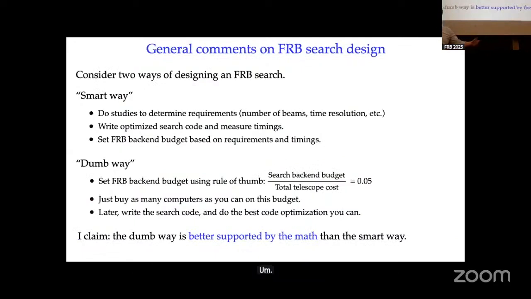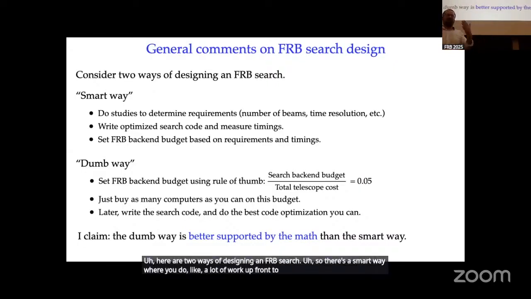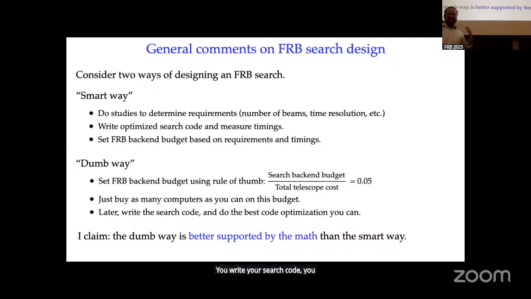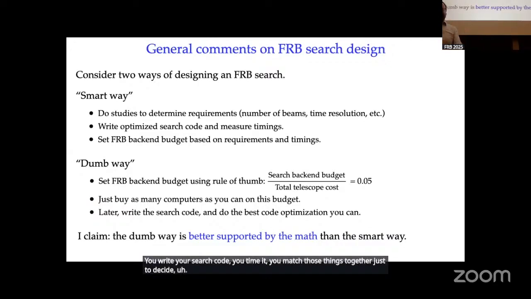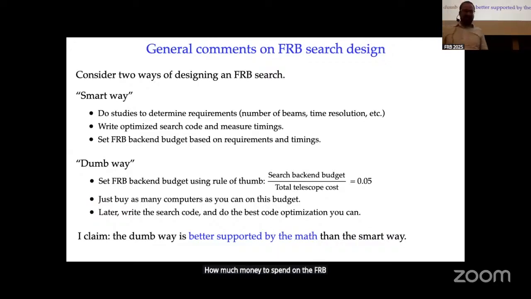Here's one way to think about a power law. Here are two ways of designing an FRB search. There's a smart way where you do a lot of work up front to figure out requirements, number of beams, and so on. You write your search code, you time it, you match those things together to decide how much money to spend on the FRB backend. And then there's a dumb way where you just use a rule of thumb that feels right.